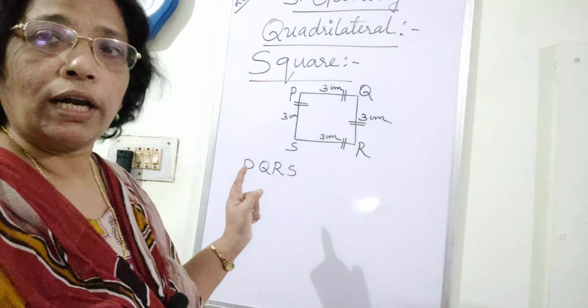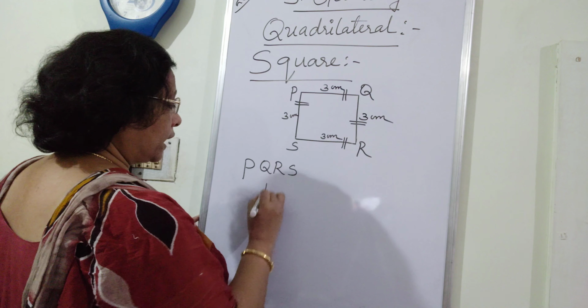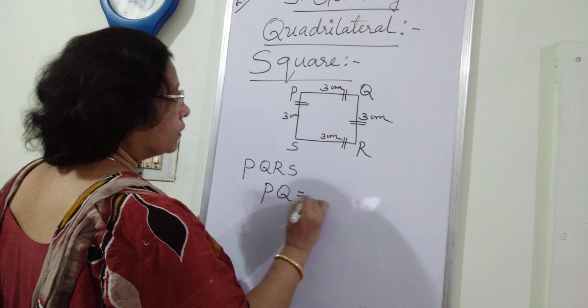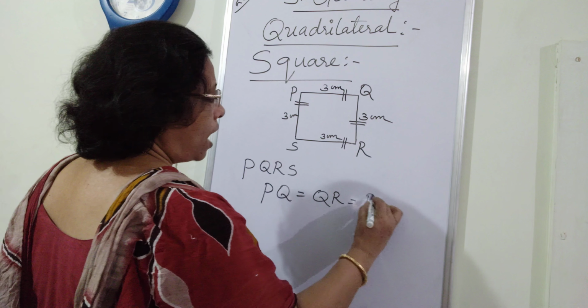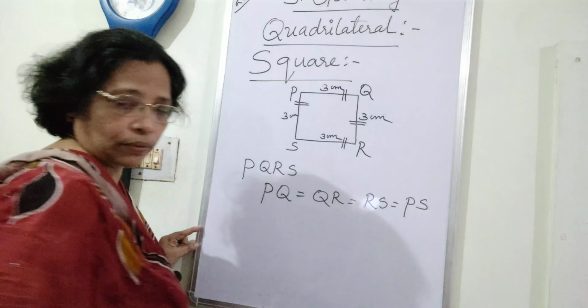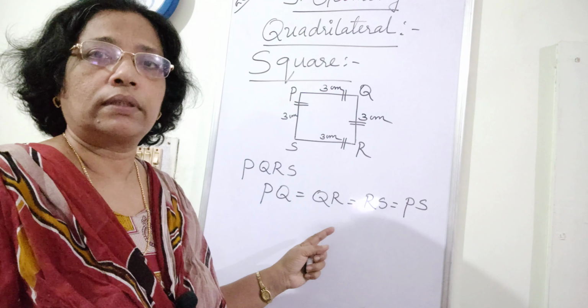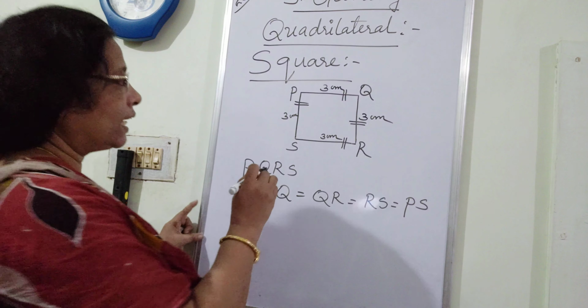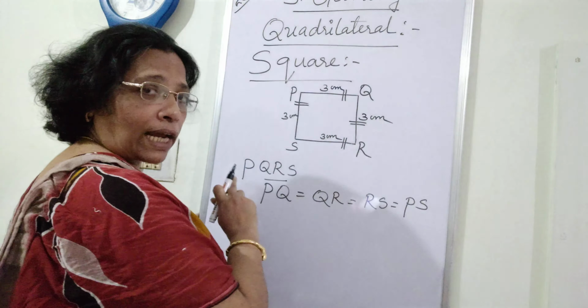What is it called? Square. So in this we can write PQ equal, then QR equal, RS equal, PS or SP. All these sides are equal. Yes or no? So we can say PQ is also what? A line segment. P and Q, it is a line segment.